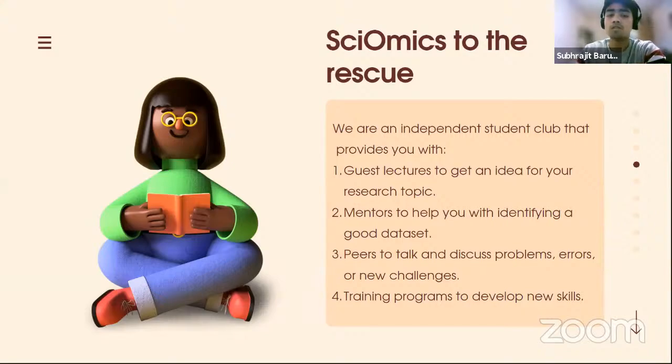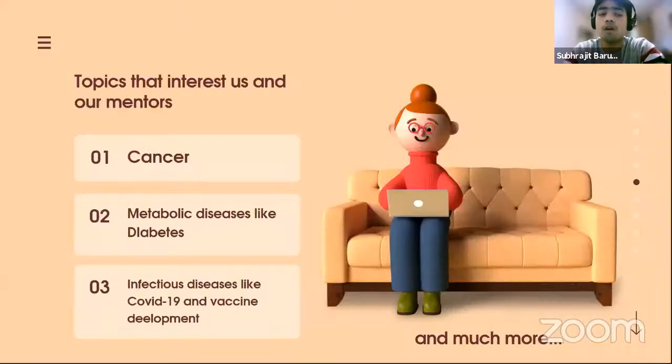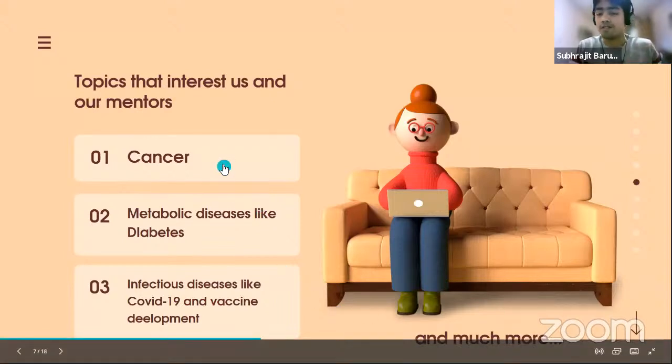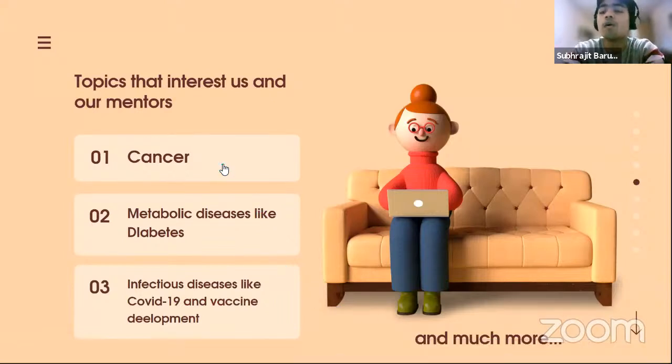So, briefly, I would like to talk about what are the various areas of interest to us, the club members, as well as to our mentors. Well, for example, the buzzword cancer, we are interested in learning how bioinformatics is changing the way we treat cancer, the way cancer research is progressing, and bioinformatics is at the core of that sort of research. So, that is definitely our number one interest.